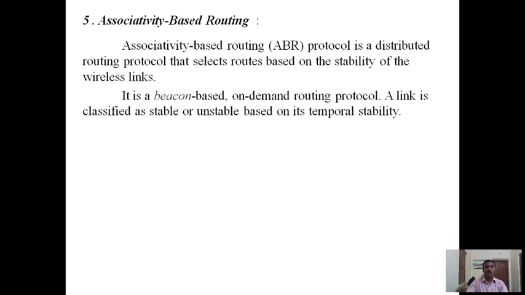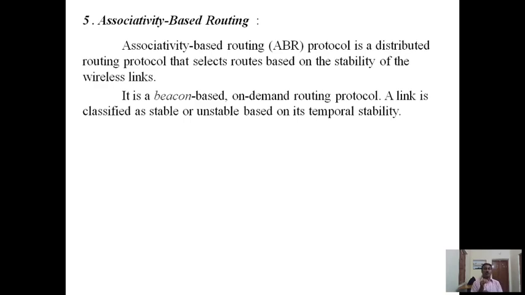Then it is a beacon based and on-demand routing protocol. Beacon based means if you want to transfer the data, it first sends a hello message to the destination nodes. Those who respond are the two devices involved in the transmission.